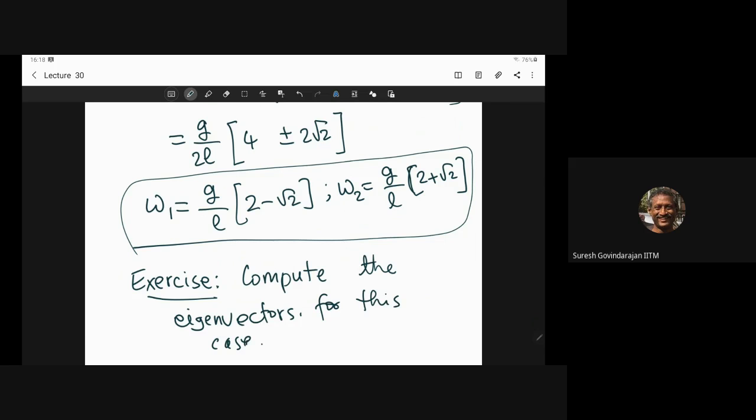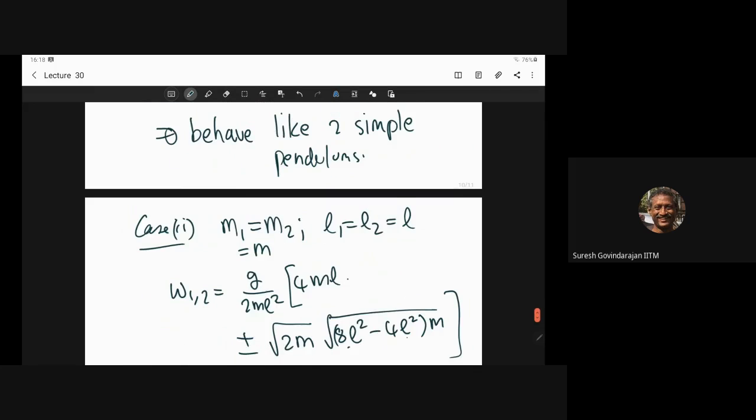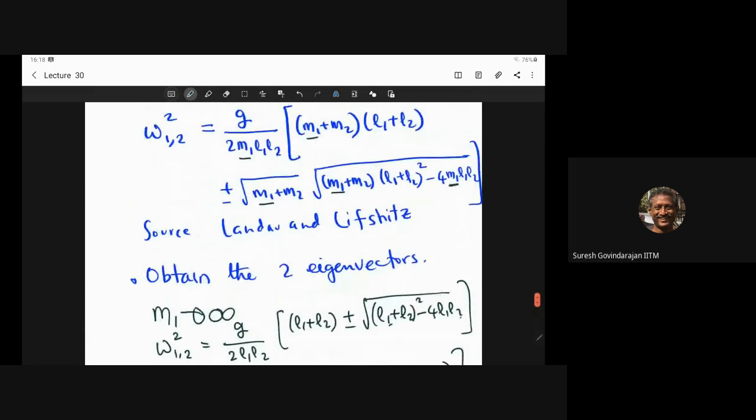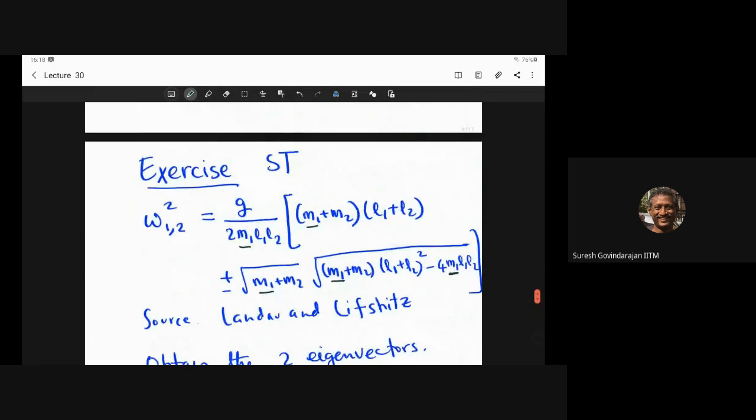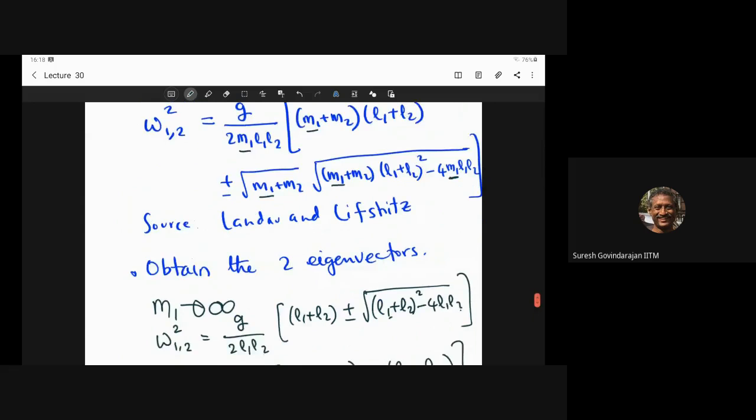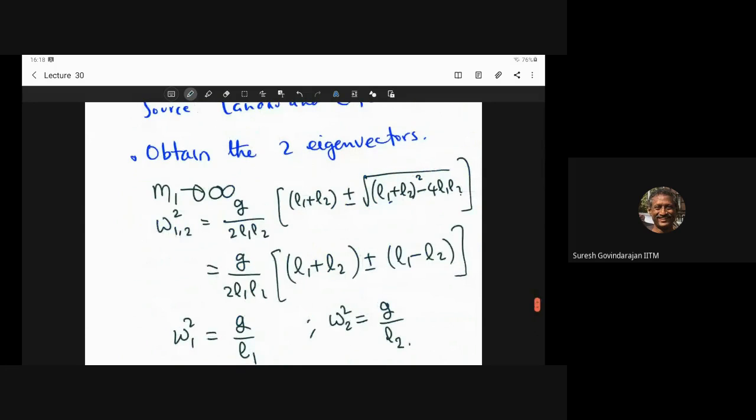Okay, and see if that kind of makes sense. So are there any comments about this part? This is clear.